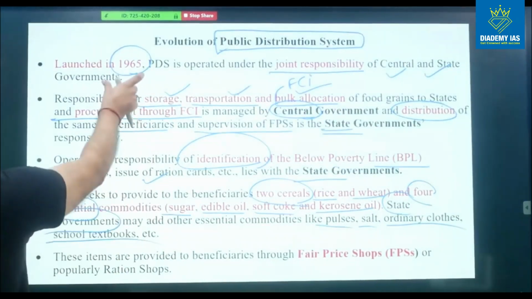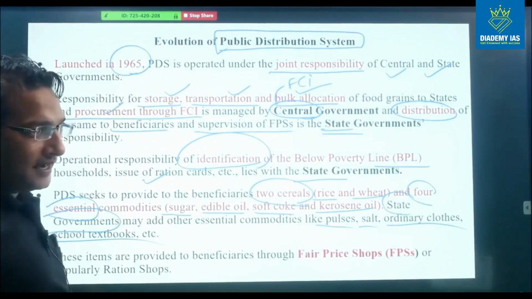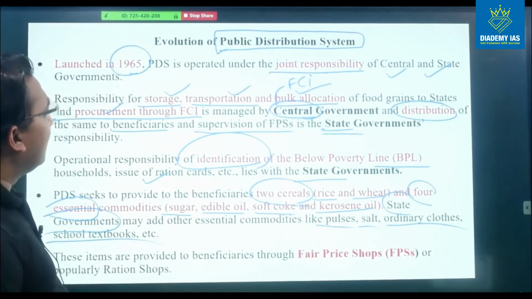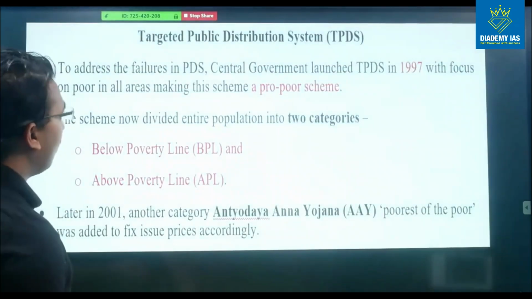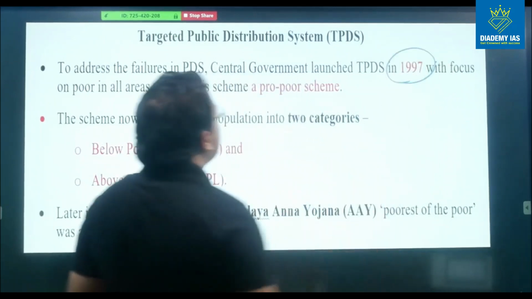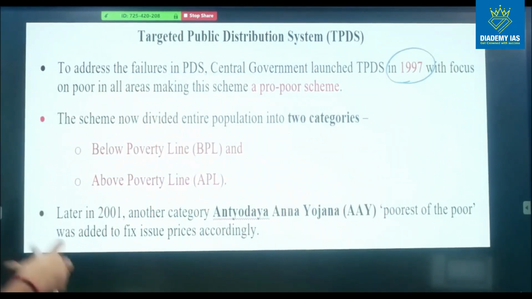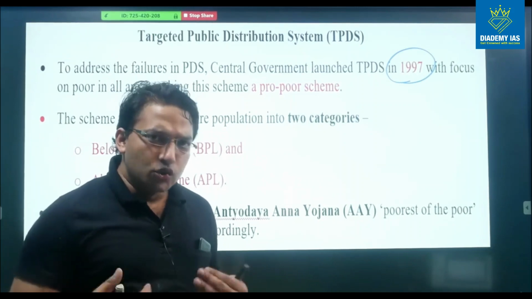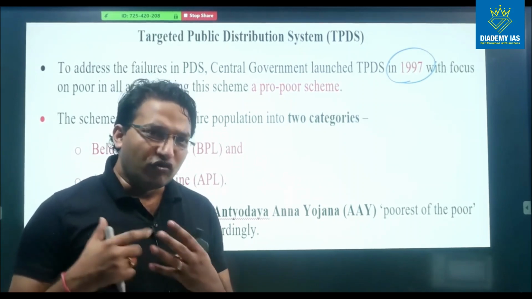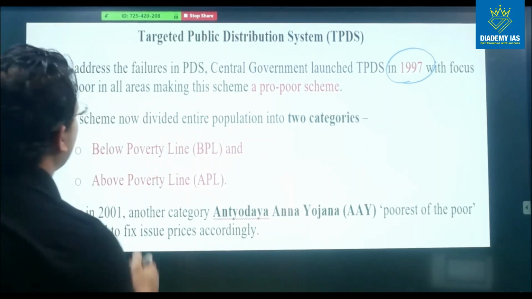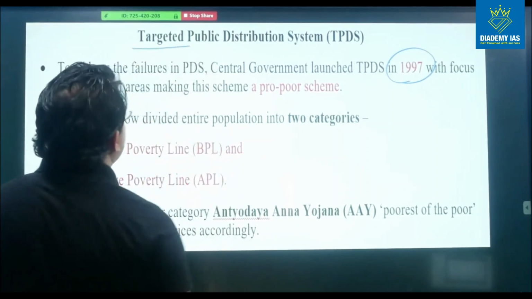Originally it was launched in 1965, in and around the time when we started the green revolution. Later on it was reformed over a period of time, and in 1997 we introduced the targeted public distribution system to improve upon the earlier system. In the earlier system there were some weaknesses and some misuse going on. So we stopped that earlier system and converted the earlier PDS into the targeted PDS.